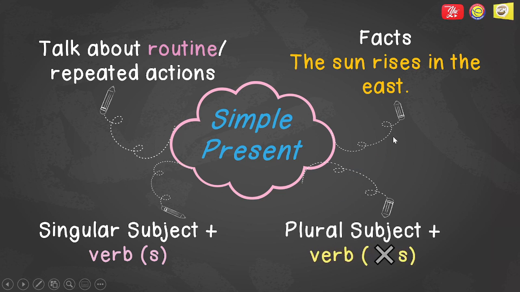And the second formula is you use plural subject, ataupun lebih daripada satu atau banyak. Then the verb that follows, kata kerja selepas itu tidak perlu tambah s. Tak ada s.